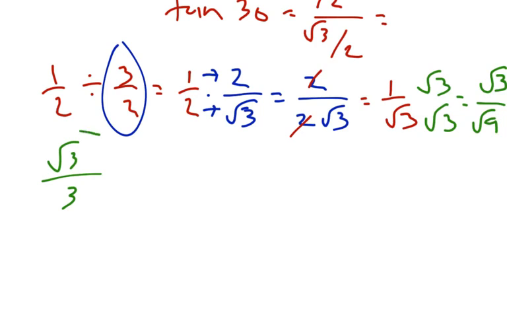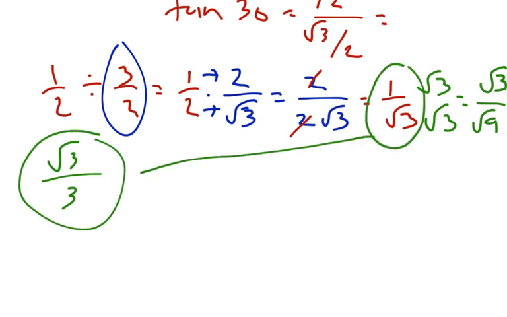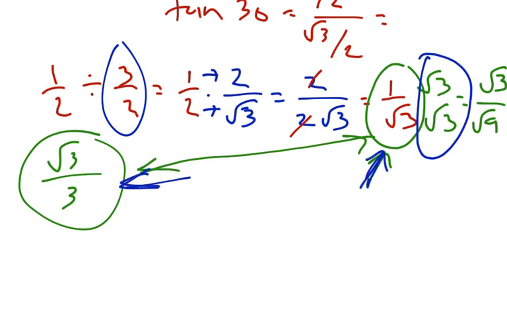So, that's my answer. Again, this is the same as this. These two are the same. The only reason I'm not putting my first answer is because I have a radical denominator, and you're not allowed to have that. That's why I rationalized my denominator. Okay, and we did that before, hopefully you remember. So again, this answer and this answer are the same, but this is the proper way of writing it.